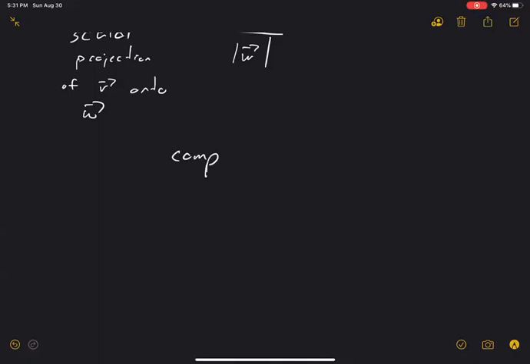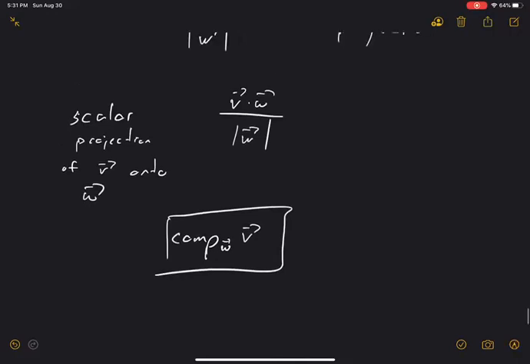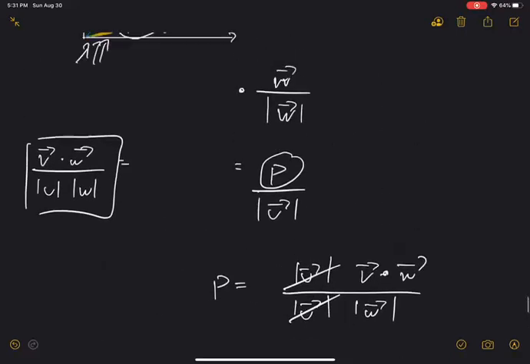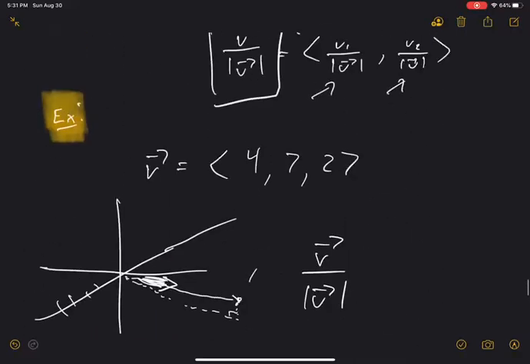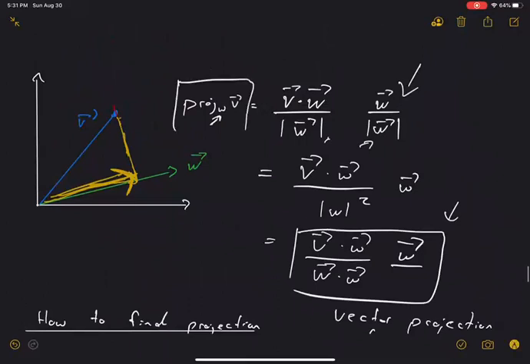It seems that it's comp W V. This notation, I've seen it before, but it doesn't pop up a lot. This notation of projection, that's very common. Okay. So get used to that.